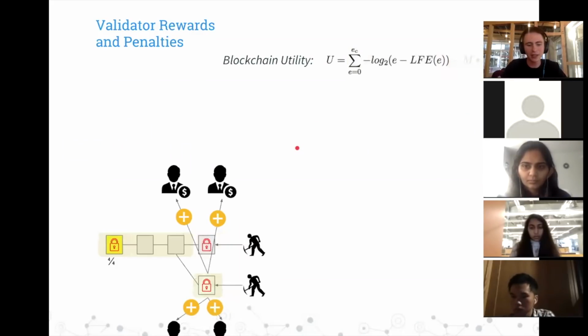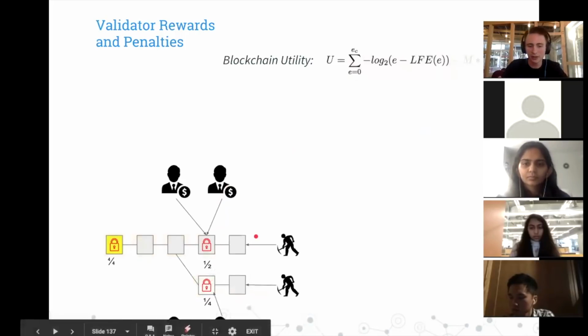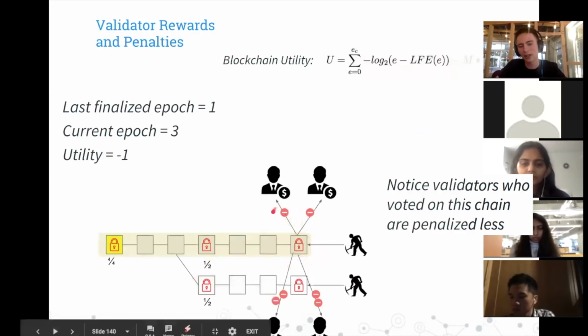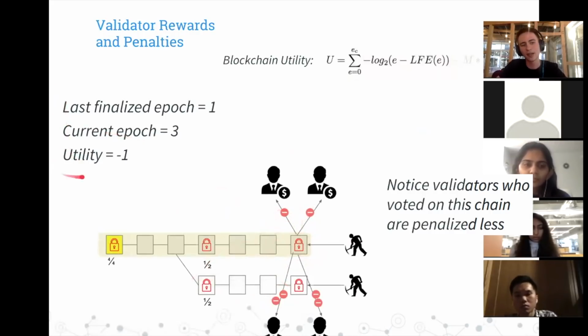So we've got these validators, they're getting paid on both forks. Then we're finalizing once again, but this time we did not actually submit enough votes to justify this checkpoint, and the validators get penalized. So notice that the validators who voted on this chain are getting penalized less than the validators who didn't. I think I may have calculated the utility slightly wrong, but that's okay.